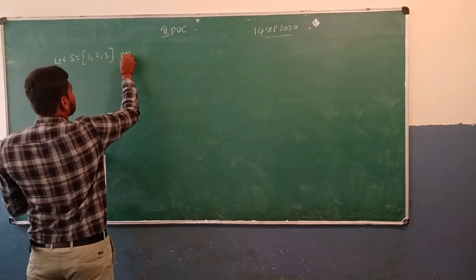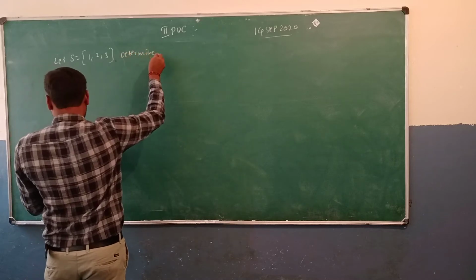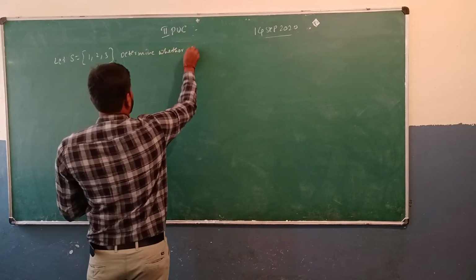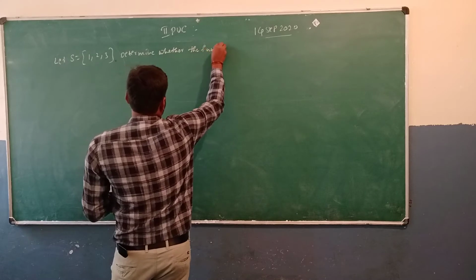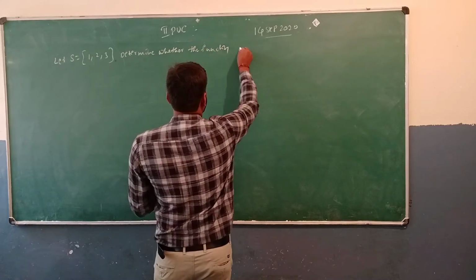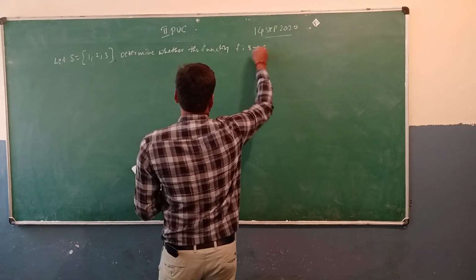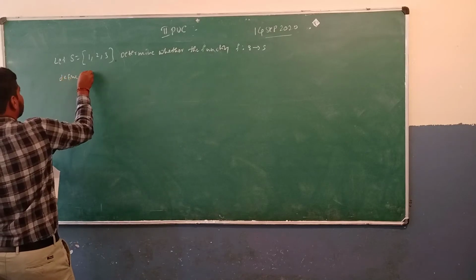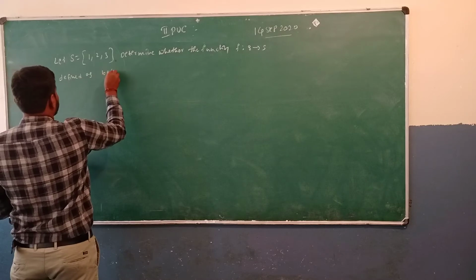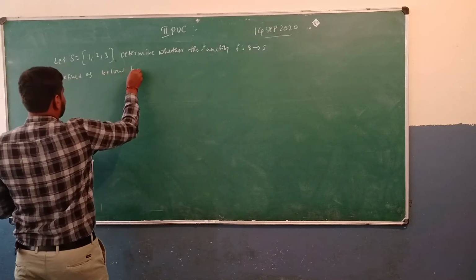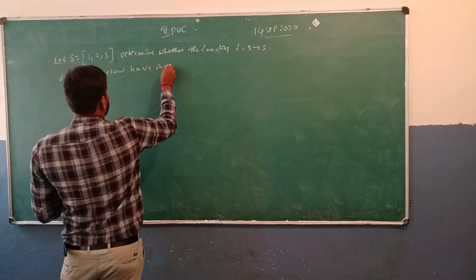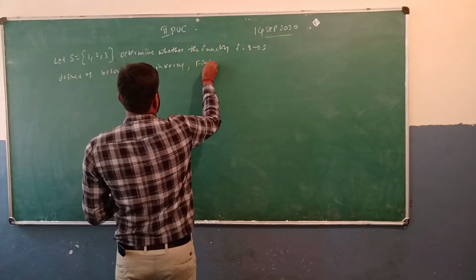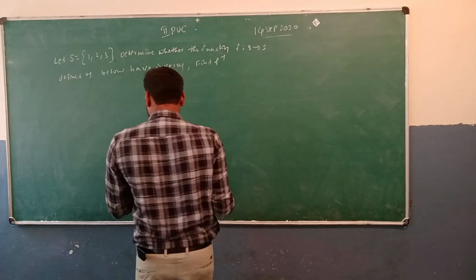Determine whether the functions f from S to S defined as below have inverses, then find f inverse if it exists.